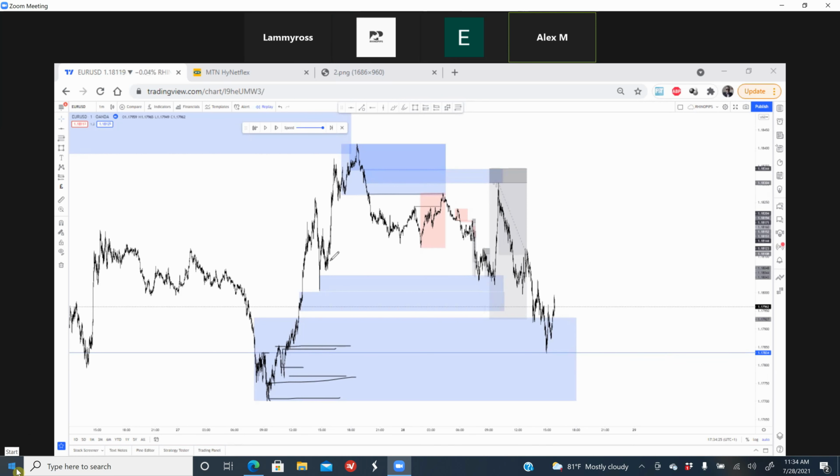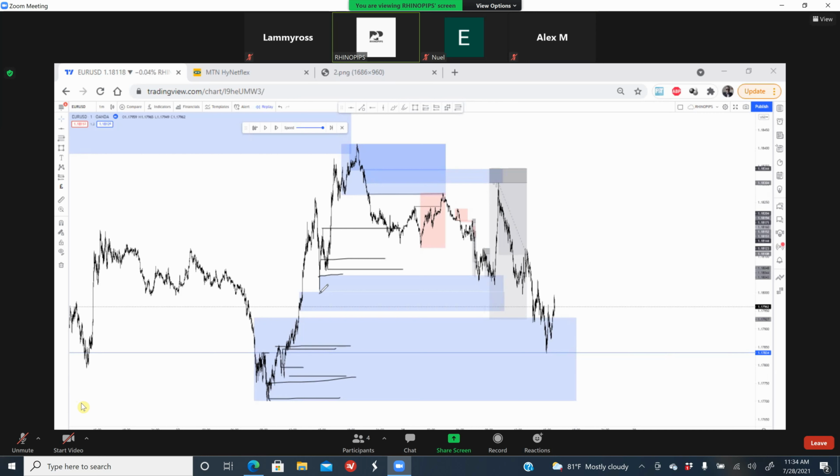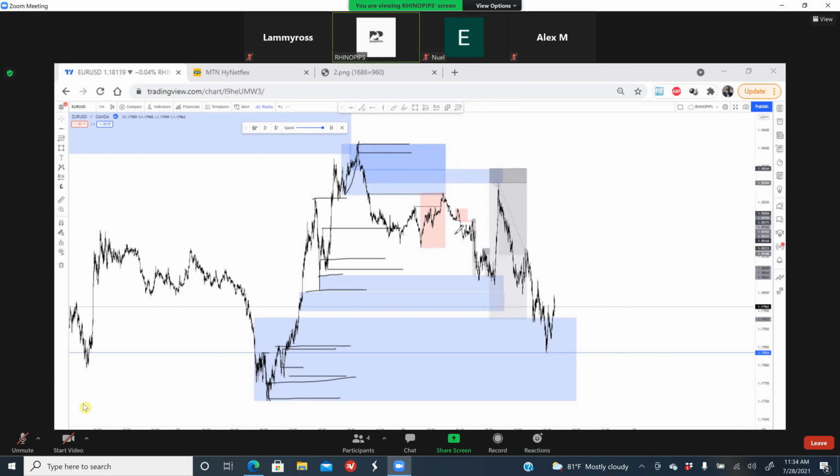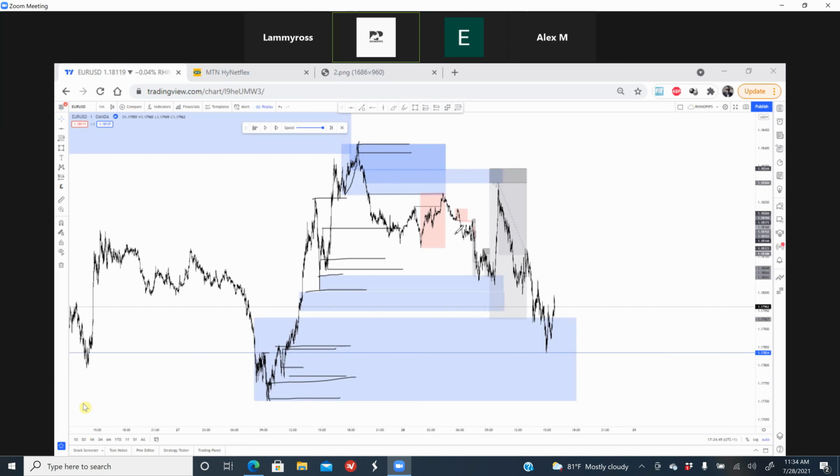If you're saying this is an order block, where is the structure that led to it? If you're saying this one down here, where is the structure that led to it? If you're saying the order block right here, where is the structure that led to that from this flow? I don't know if that makes sense. This will help you. Go and watch it. What I've just said will help you. Do you understand?